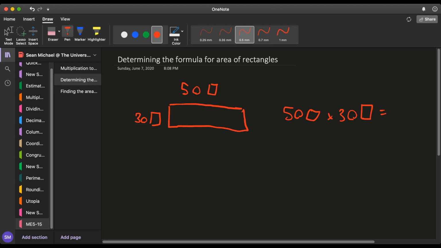Well, 5 times 3 is 15, and then you have the 2 zeros afterwards. So it's 1,500 squares. That's our unit, I guess, that we're working with right now. So that's a quick and easy way to do it.